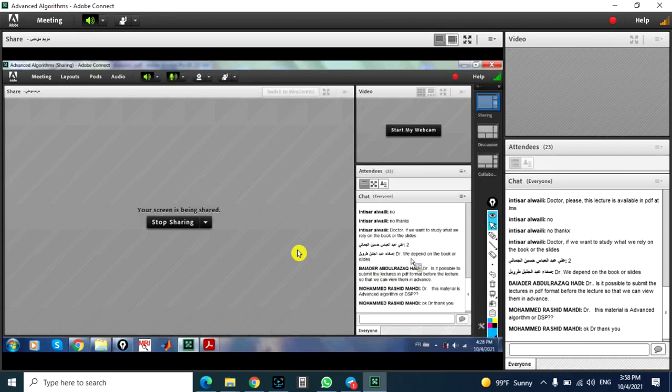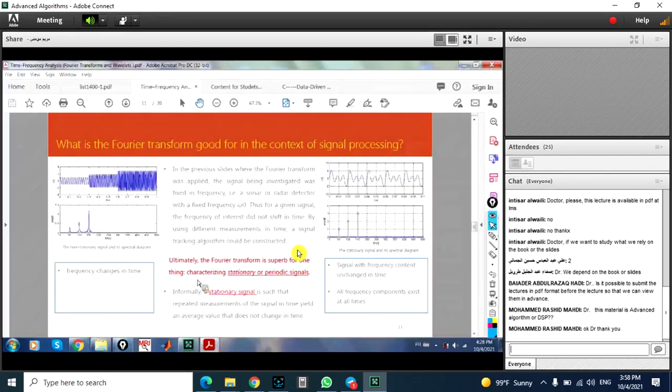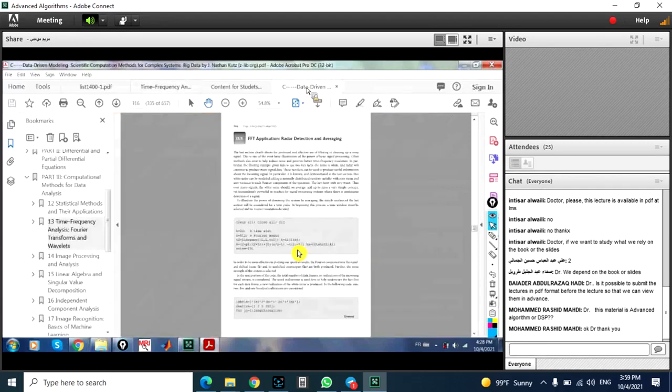And Safa Abdul Jalil asks whether we depend on the book or the slides. Both of them. The PowerPoint slides are the abstract of the book.